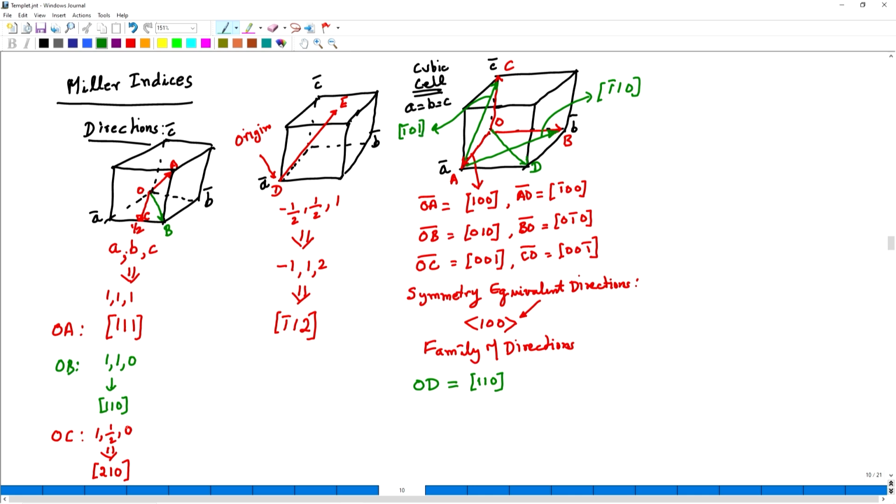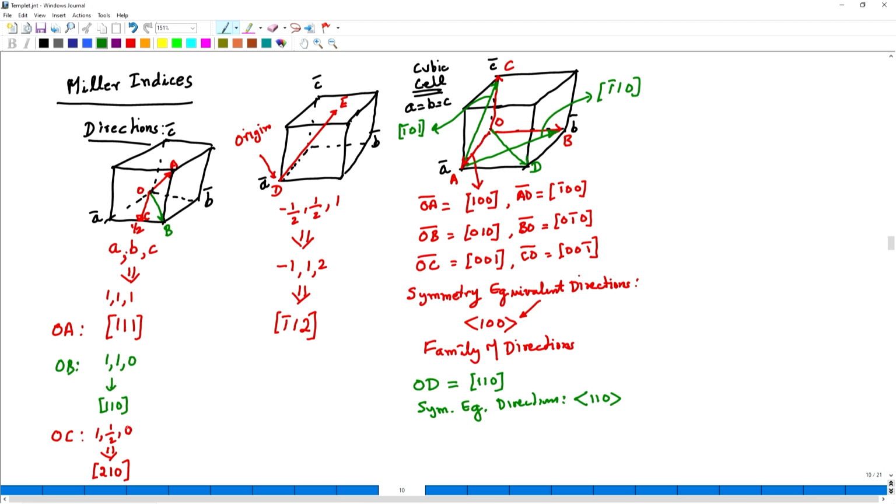You can clearly see that I can define similar directions on the third cube face plane as well. Like that, if I want to indicate symmetry equivalent directions, they will be represented by the 3 indices 1, 1, 0 enclosed in triangular brackets.